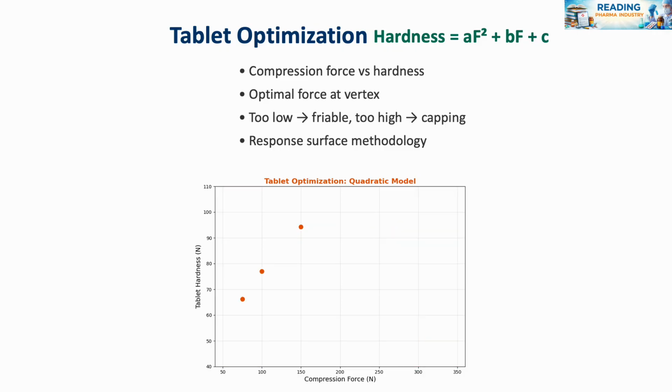Too little force, and the tablet will become soft or friable. And the opposite is true, because too much force, and then you will get capping problems. So fitting a quadratic lets you find the optimal compression force at the vertex. This is a response surface methodology application of such an optimization process.